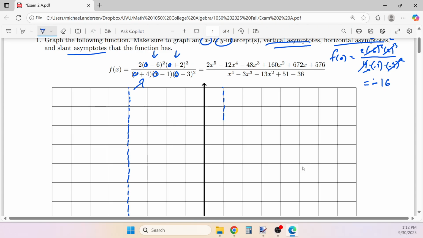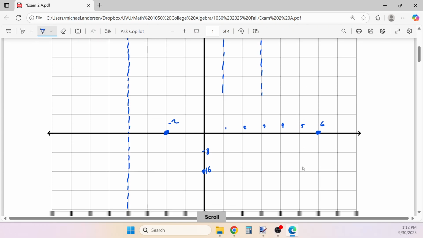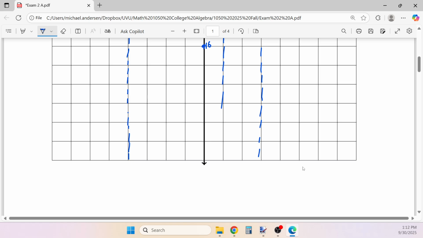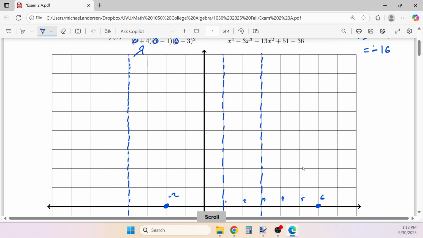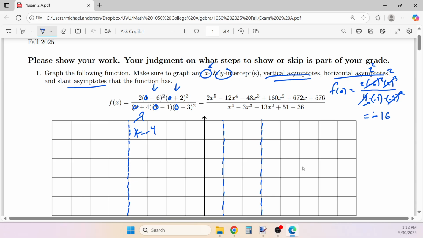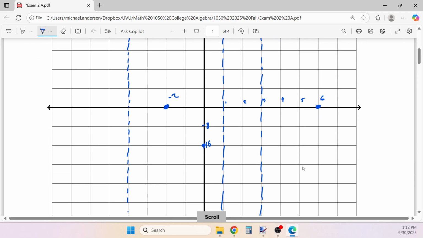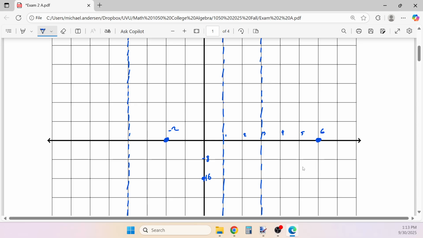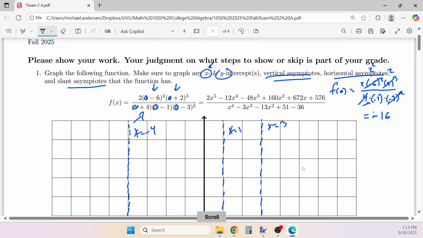So 1, 3, drawn. And let's look. 4, 1, 3 are labeled. Those are all labeled. So is this. Okay.